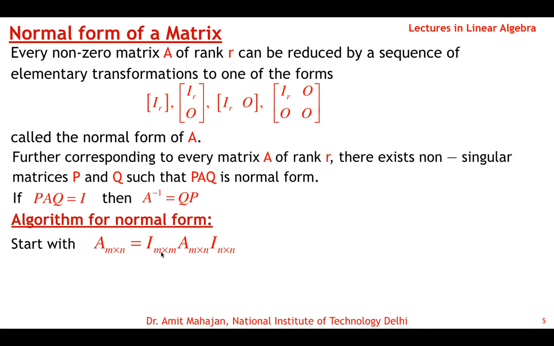So the same row operations will be applied on the identity matrix which is pre-multiplied to A. And whenever we apply a column operation on the left hand side matrix, the same will have an impact on the post-multiplied matrix. So row operations impact the pre-multiplied matrix, and column operations impact the post-multiplied matrix.